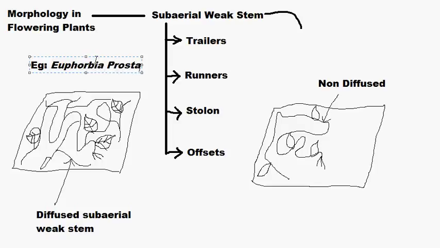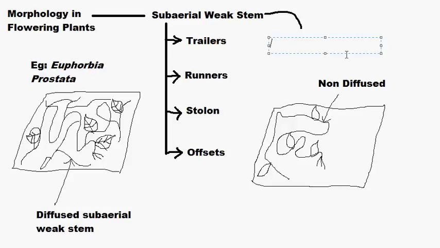This is only one example, there are many more, but let us only give one example, easier to remember. Prostata, I remember it. Prostata means it is diffusing in all directions. I remember it this way. You can try your method.